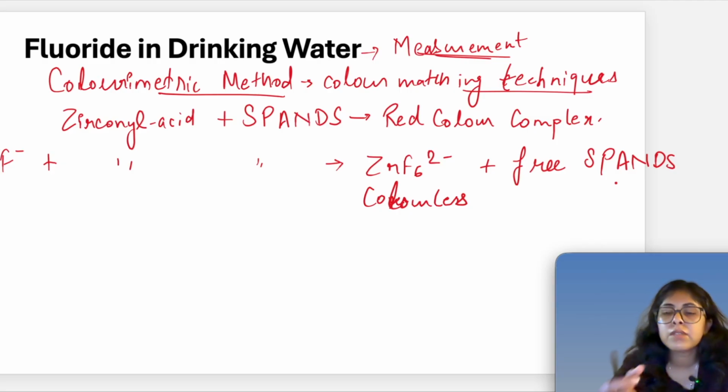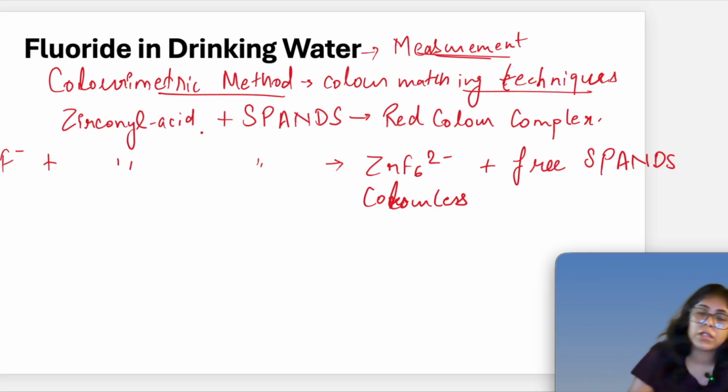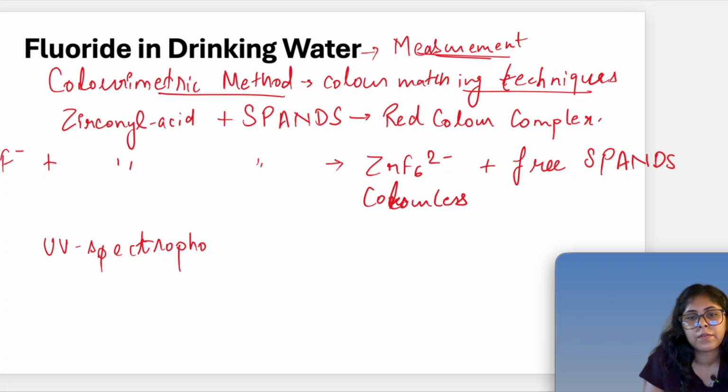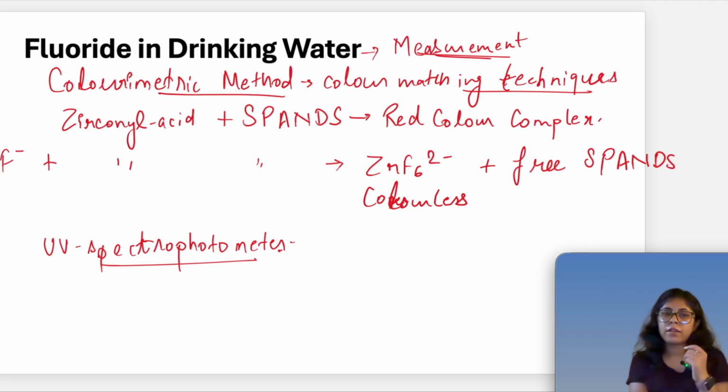And if we increase the fluoride concentration, the color will be lighter still, right? So this is how we measure the fluoride in water, and it's a colorimetric technique. We measure it using a UV spectrophotometer, right? So this is how fluoride in drinking water is measured.